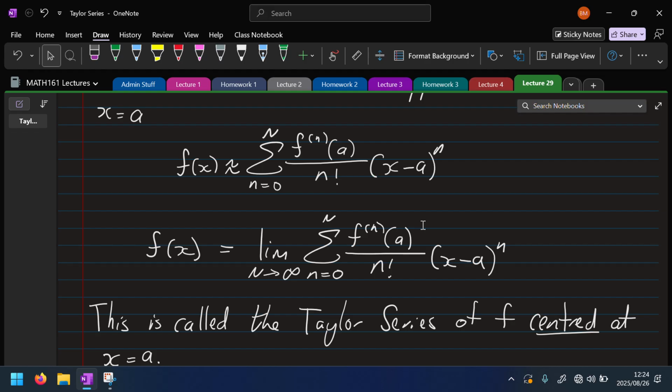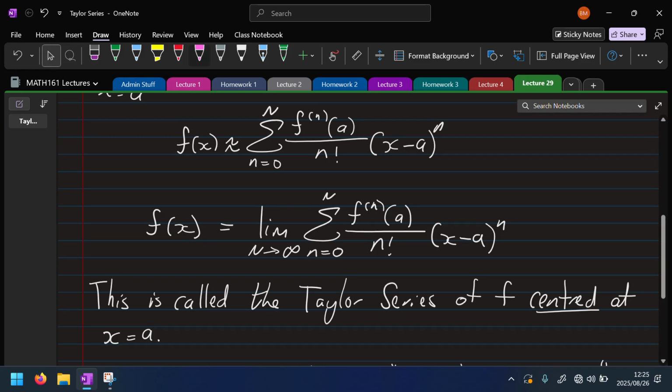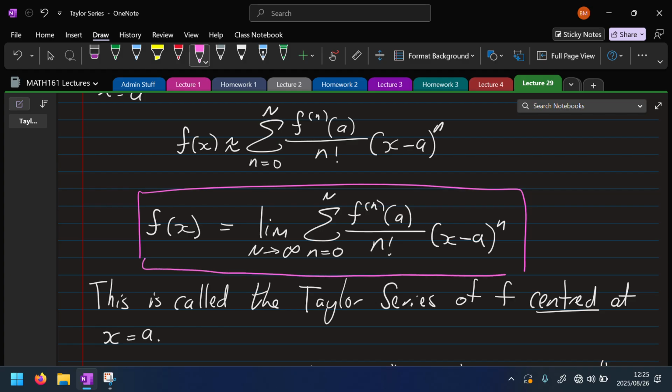We're going to do it for 3 examples, and then we're never going to do that again. Okay, it's much too difficult. So we'll do it for 3 just to get the idea. After that, there's some tricks that we can use. Okay, so please, stay away from doing it from first principles unless you want some extra practice. But, besides that, we're going to do it a different way. Okay, so put a big box around here. This is the first principles definition that we'll use. Again, only for these 3 examples.